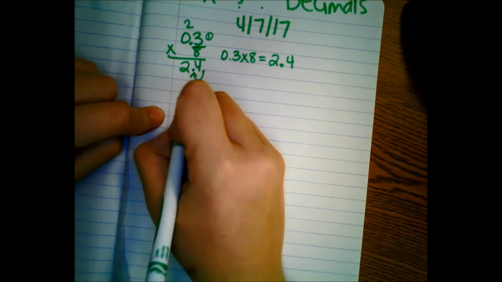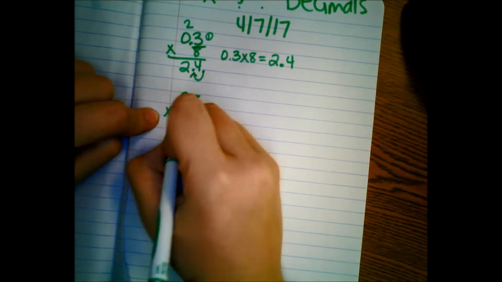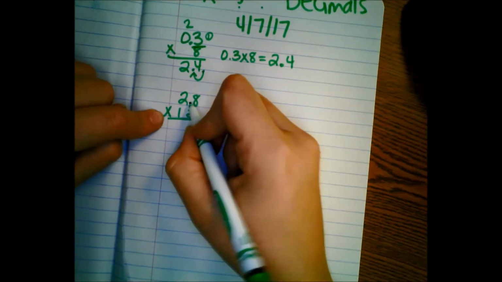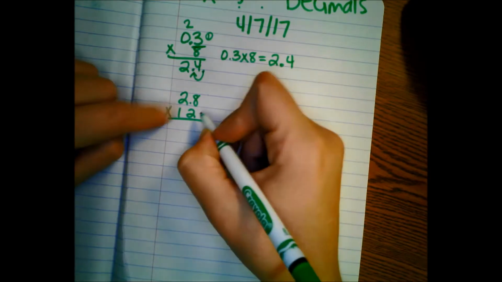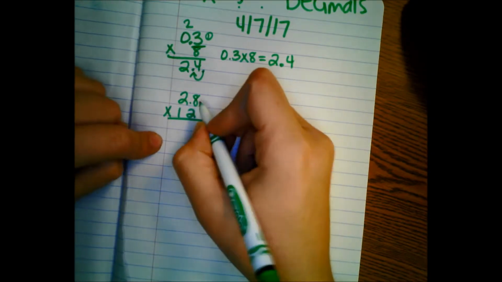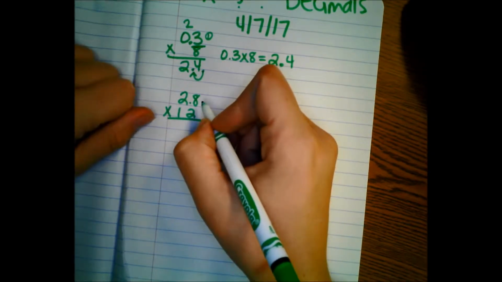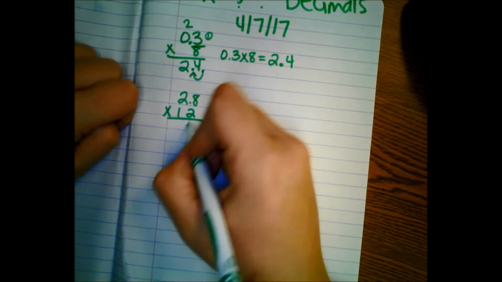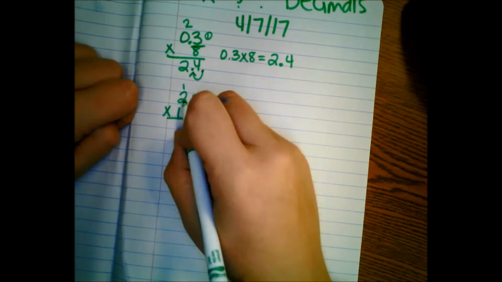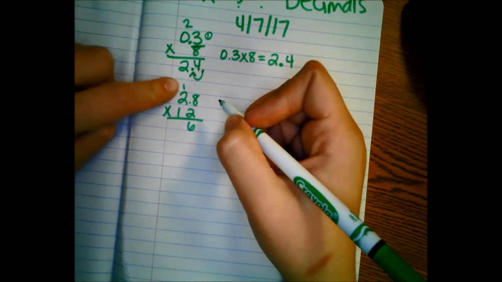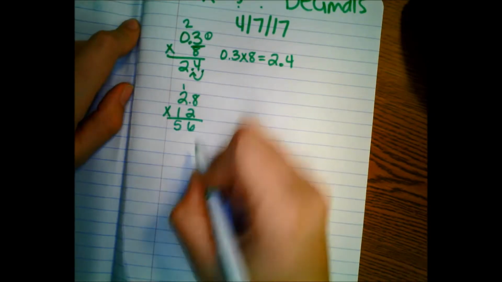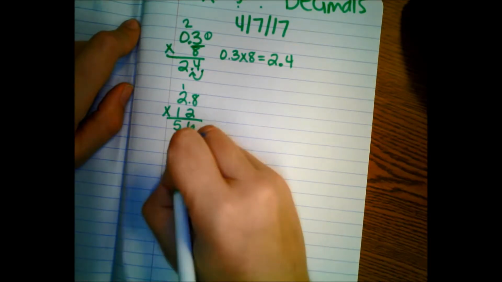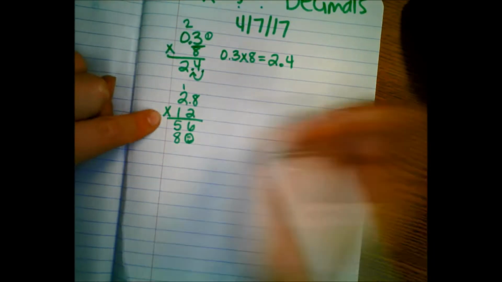Now I have 2 and 8/10 times 12. Same kind of setup. I didn't have to line up by decimal points. I'm going to ignore this one for now and multiply like normal if I was multiplying two-digit numbers together. So 8 times 2 is 16. 2 times 2 is 4, plus my carried 1 is 5. Got my little happy holder going on here. 1 times 8 is 8, and 2 times 1 is 2.